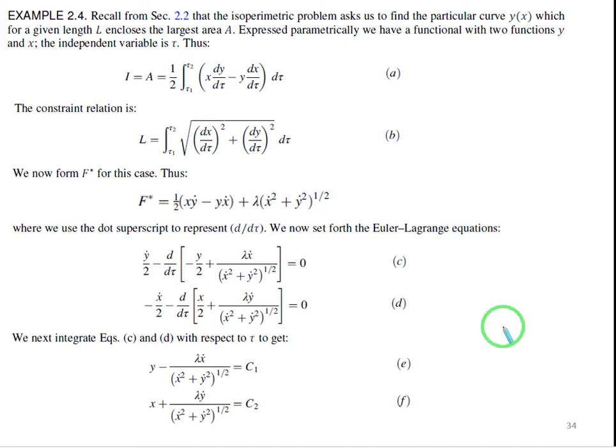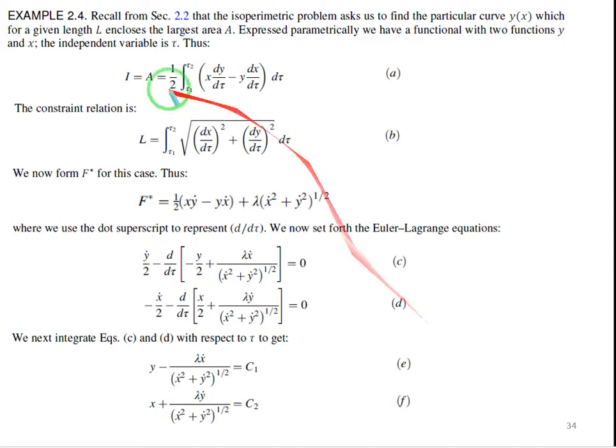I'm going to speak about the isoperimetric problem. In the isoperimetric problem, as you may know, we are going to find the shape of the closed loop path with length L which has the greatest area.